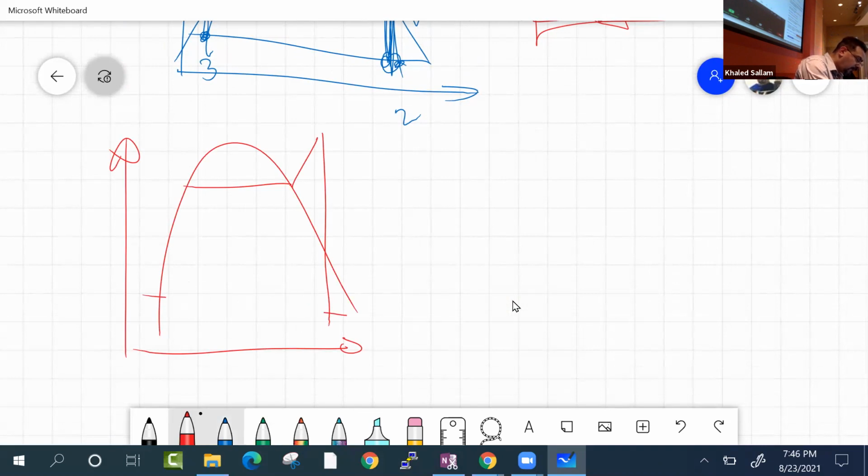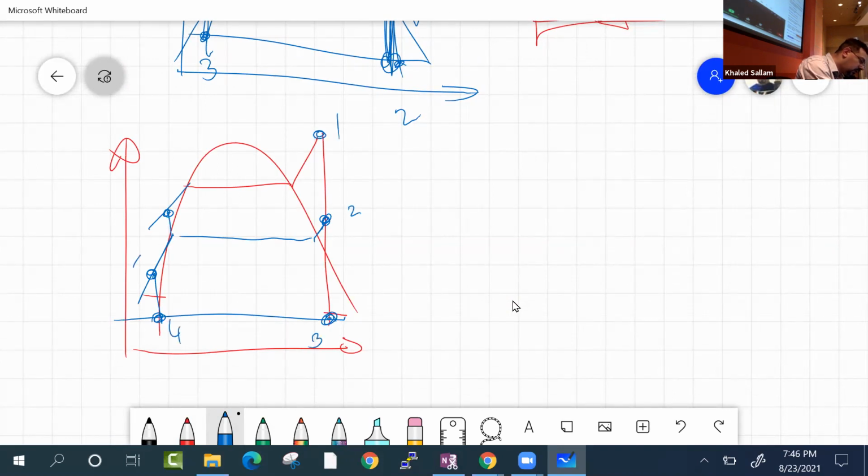So we go up to that pressure, and then 1, 2, 3, 4, 5, 6, and 7. And so if this is m dot 1, and this is called m dot 2, what will come here is m dot 1 minus m dot 2.